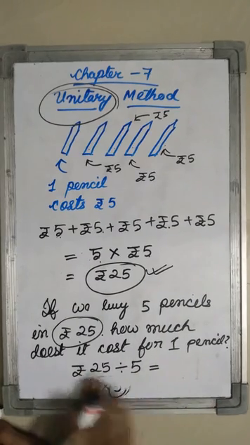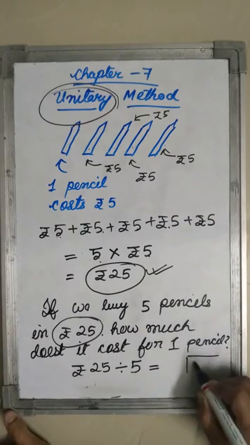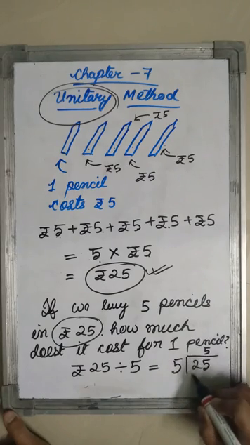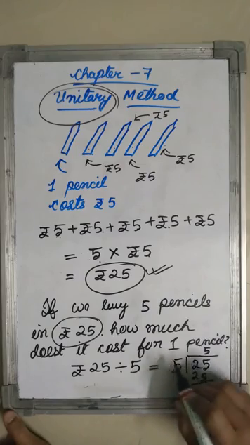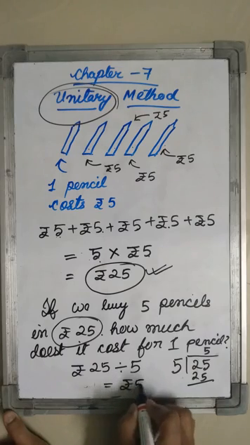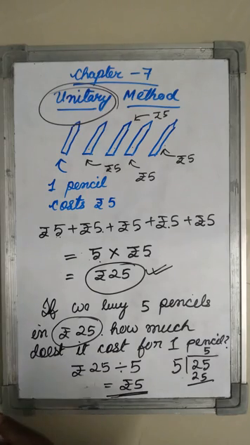Or you can divide, as I have taught you, rupees 25 divided by 5 equals rupees 5. This way you have to do. So I shall explain it with some examples. You will understand it better.